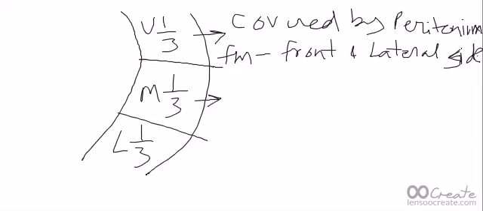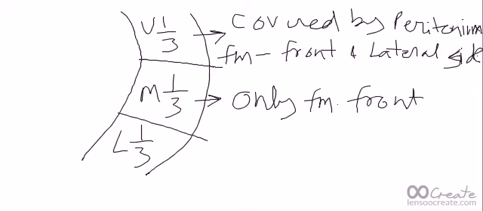The middle 1/3 is covered by peritoneum only from front. And the lower 1/3 is devoid of peritoneum. There is no peritoneal covering in the lower 1/3 part of the rectum.